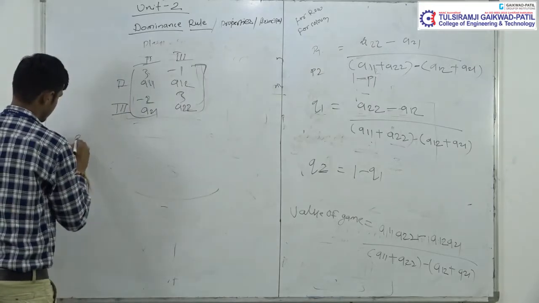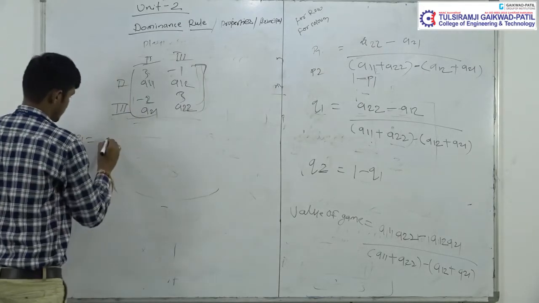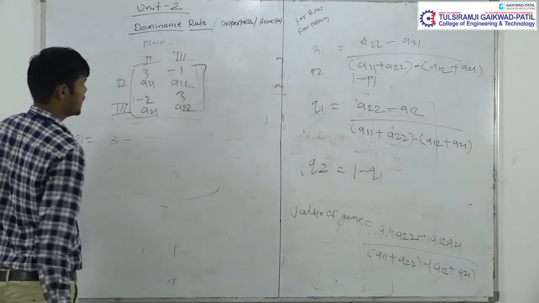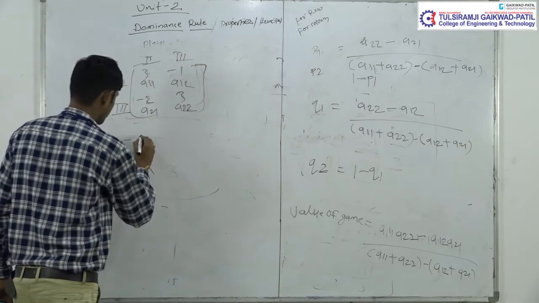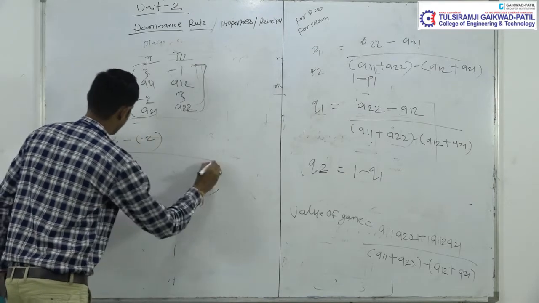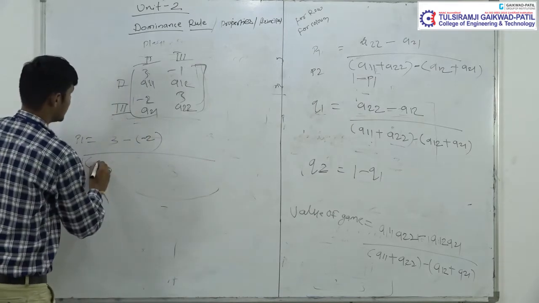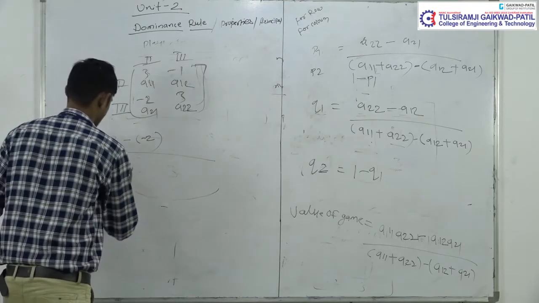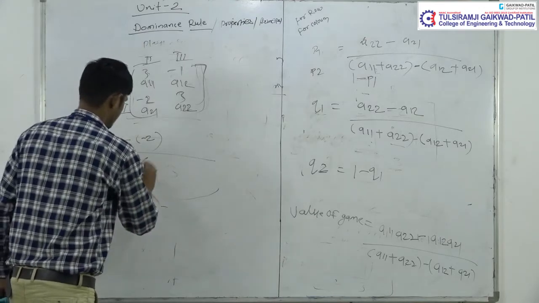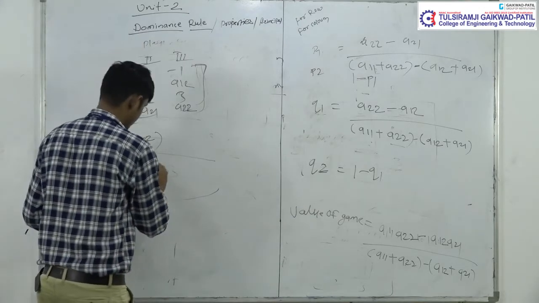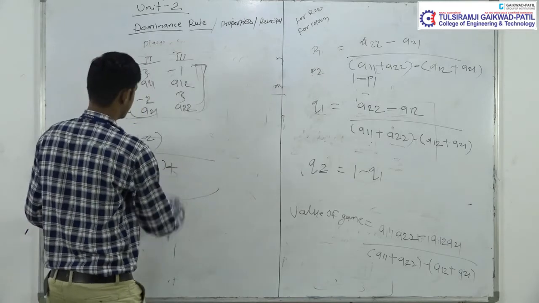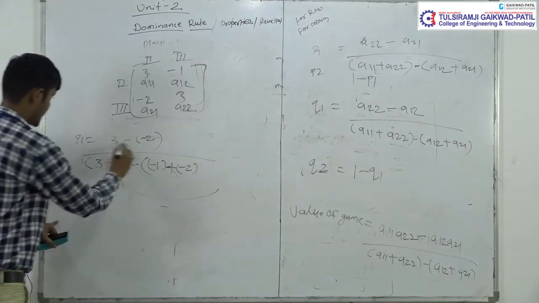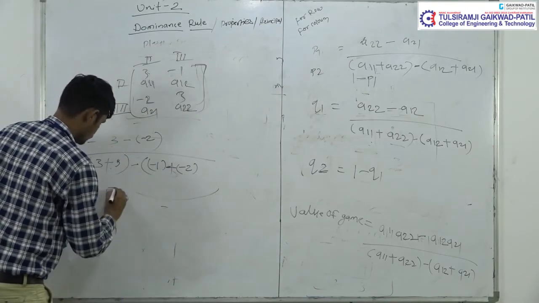First is P1 equals A22, 3, minus A21, minus 2, upon bracket A11 3 plus A22 3 minus A12 minus 1 plus A21 minus 2. Write down: minus plus 3 plus 2 equals 5.